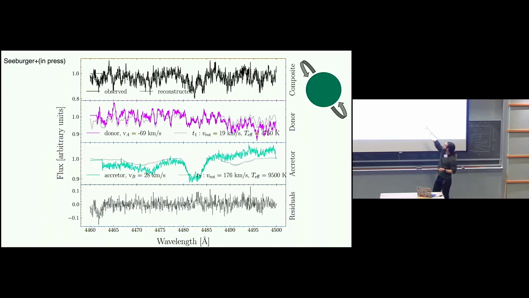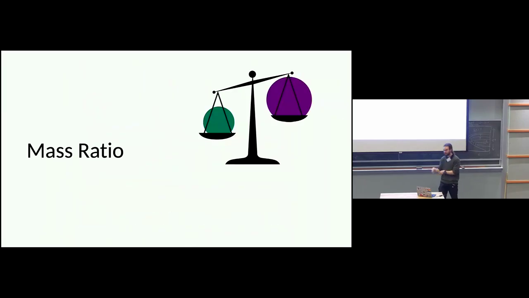We're looking at 150 to 200 kilometers a second for all of them, which importantly is large, so is consistent with this picture of the accretor being spun up by the accretion and the angular momentum transfer, but it is much slower than critical rotation. In these systems, it's about half of the expected critical rotation. And this is strange to us because we expect a very small amount of mass transfer to be able to speed us up to critical, but we haven't. So this is an ongoing puzzle.